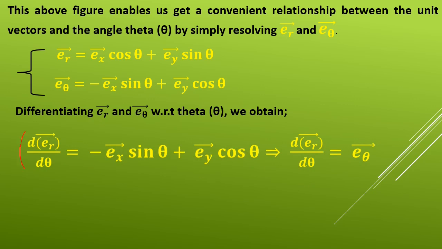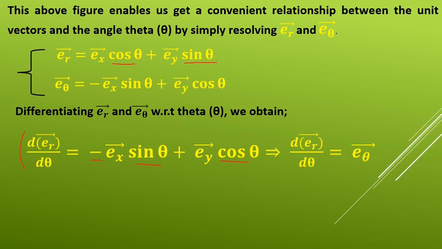We start by differentiating our ER with respect to theta. When we are differentiating this expression, our EX and EY are going to be constant. They're actually constant because they are not functions of theta. The only functions of theta we have here are cos and sine theta. So when you differentiate ER with respect to theta, you obtain negative sine theta when you differentiate cos theta, and you obtain cos theta when you differentiate sine theta.